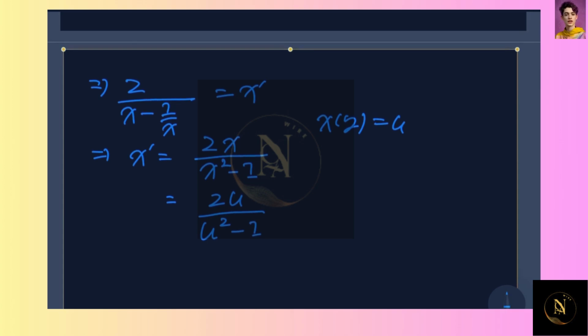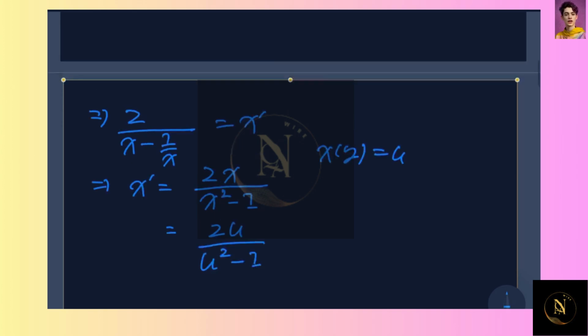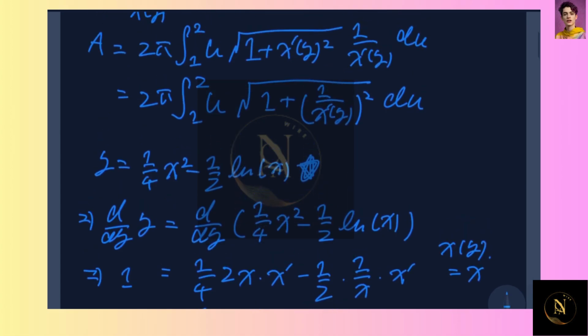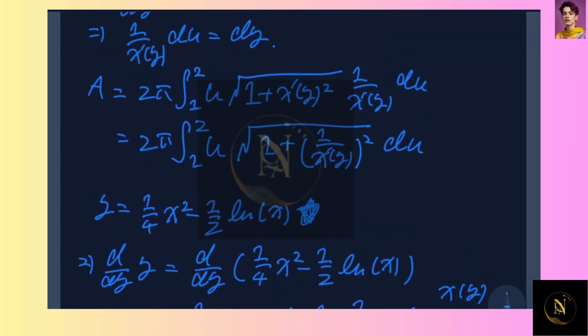So now that we have the expression of x prime in terms of u, we can substitute that expression into this.